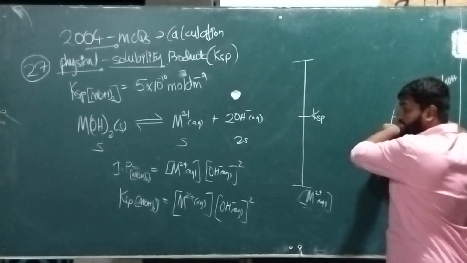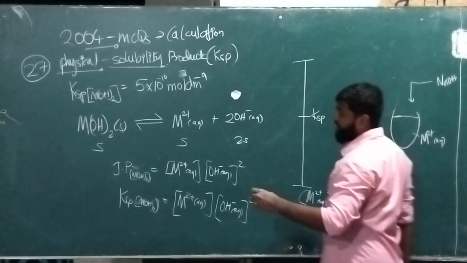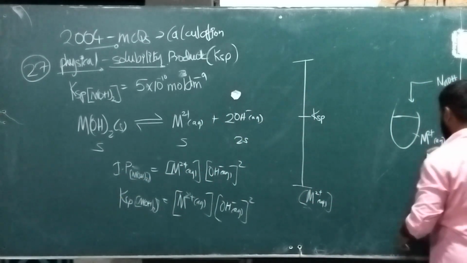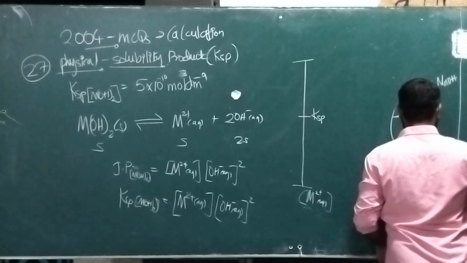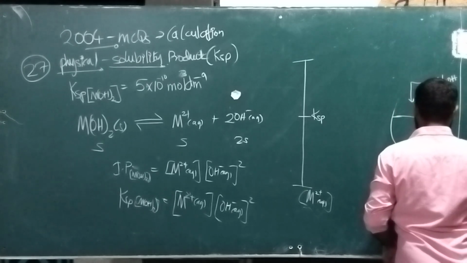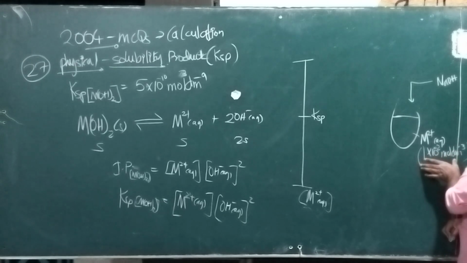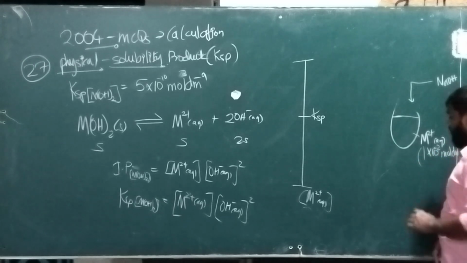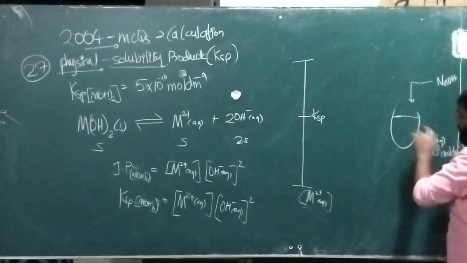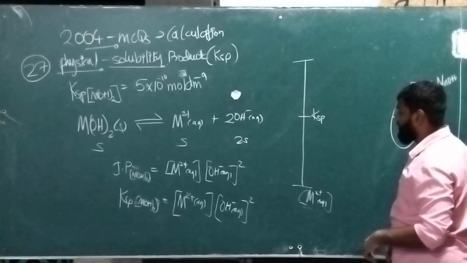Once I'm doing this, I write the ion product here. Let's say I have 1 into 10 to the power minus 2 mole decimeter minus 3. When this amount of moles is here, will it form some amount of precipitate?